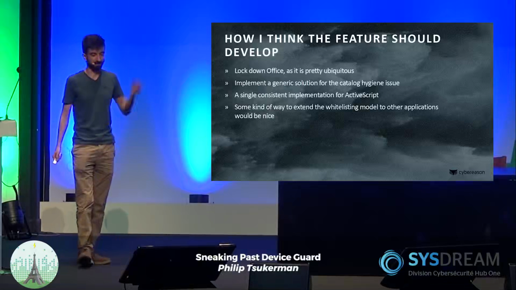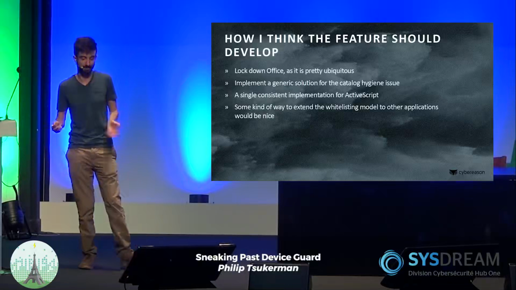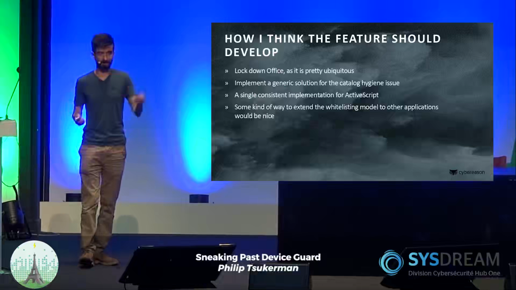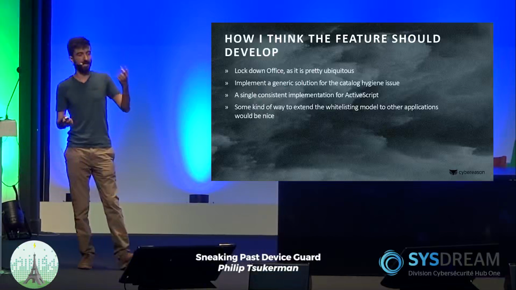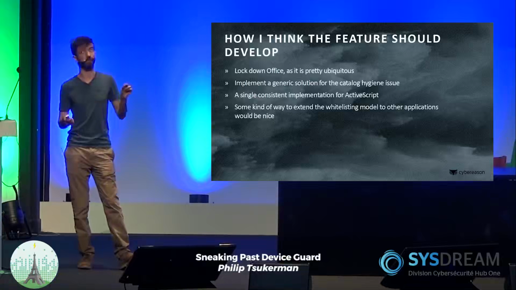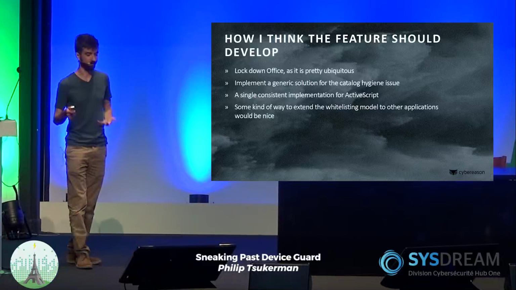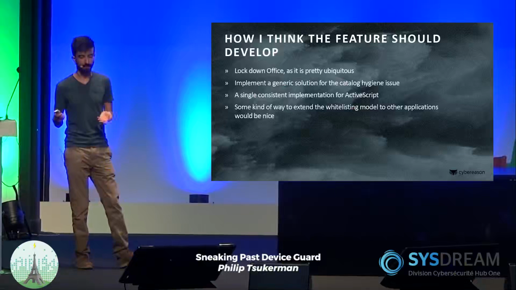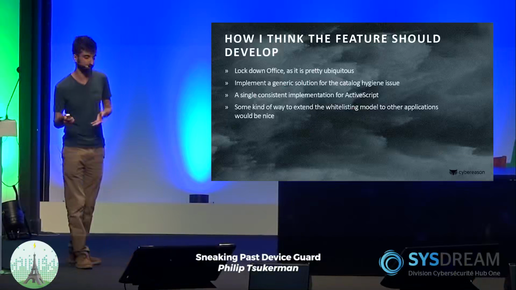The second thing is implementing a generic solution to catalog hygiene is extremely important because if patching is meaningless, it means that you'll always have to keep track of every single vulnerability, not only the Device Guard ones, and know that this could be used against me, which again brings you back into monitoring everything. Also, I'm not sure that I found the only bug with the inconsistent implementations of Device Guard for scripting.